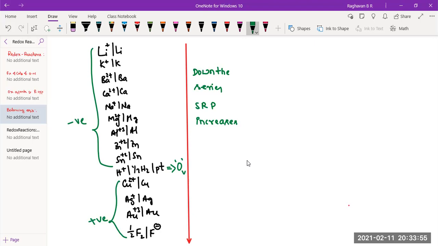Okay, fine. If you look at the characteristics, first one: elements at the top are good what? Anybody? Good reducing agents.